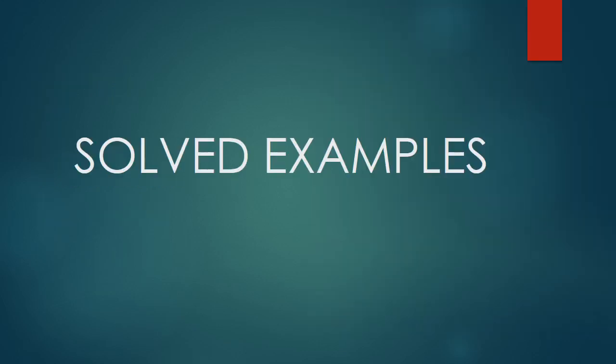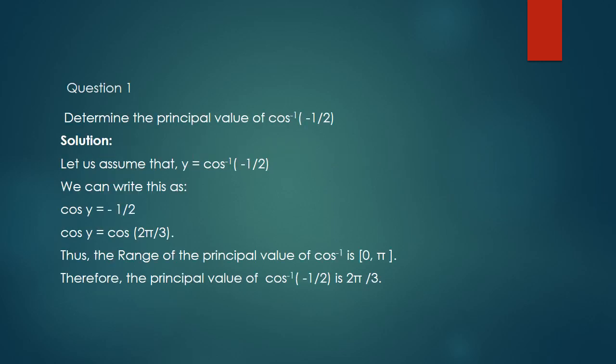Now I am going to explain the concept of inverse trigonometry with the help of a few solved examples. Here we have the first question: determine the principal value of cos inverse of minus 1 by 2.